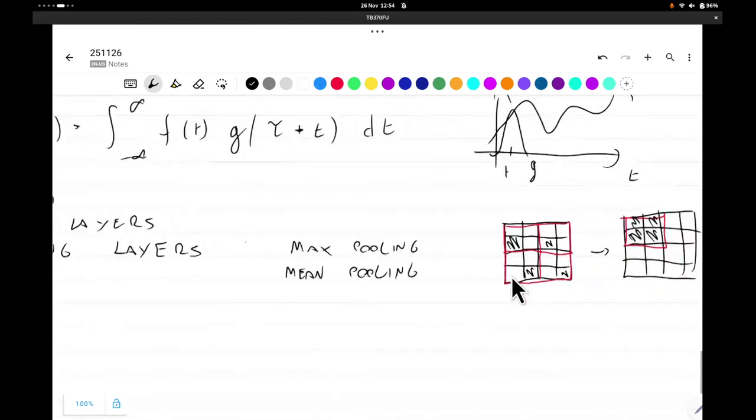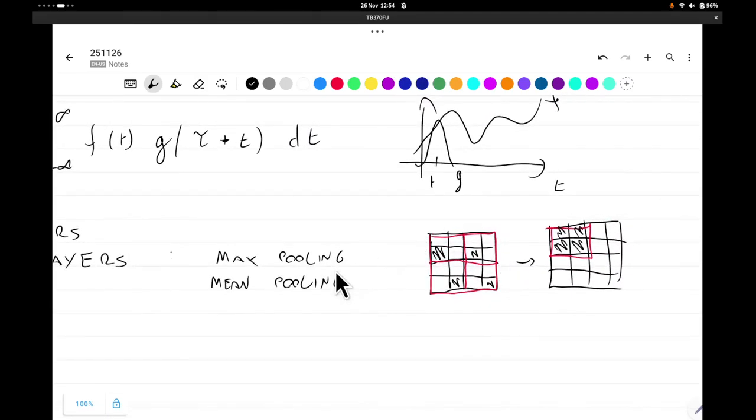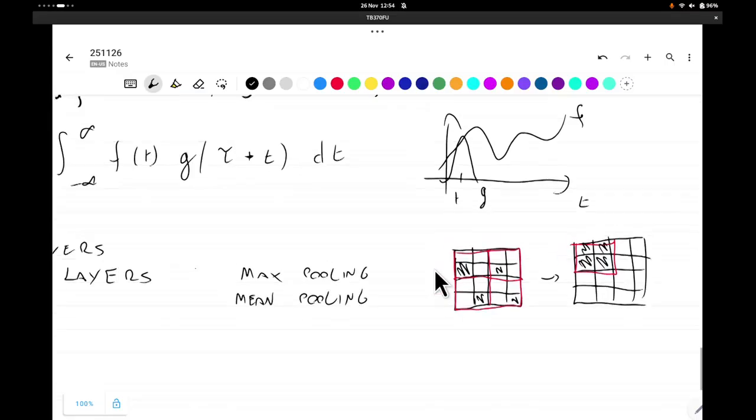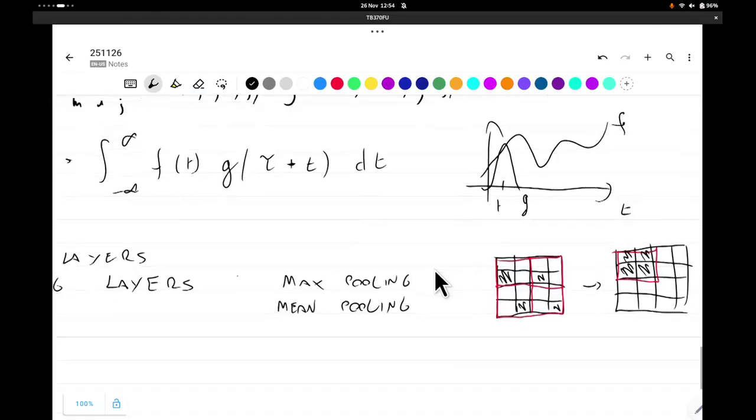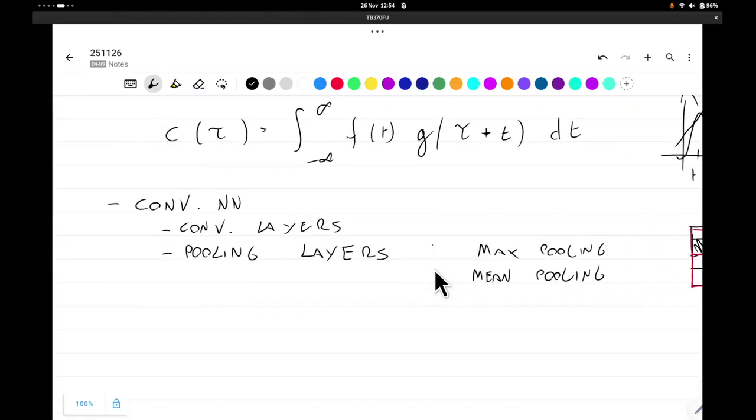And then since these kinds of operations tend to reduce the size of the image, you have an upscaling layer.